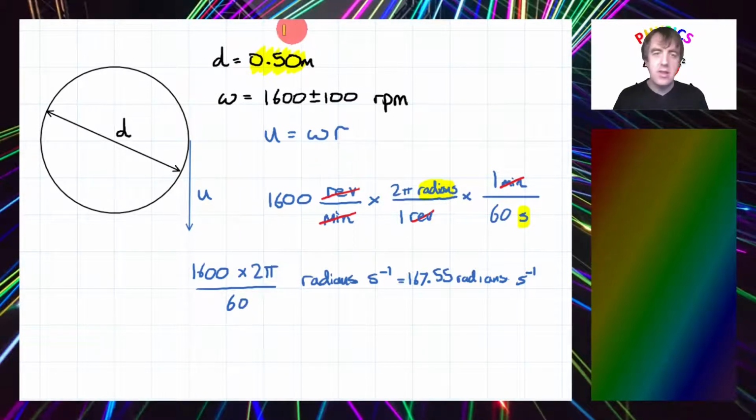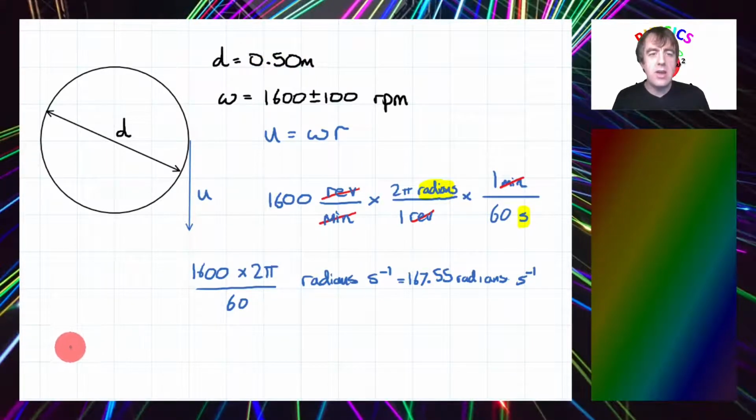At least that's the precision of this diameter. However, if I keep some extra guard digits, 3 extra digits on this number, then any rounding errors that might accumulate, I'm going to round away from my final answer anyway. So always keep a few extra guard digits in your calculation.